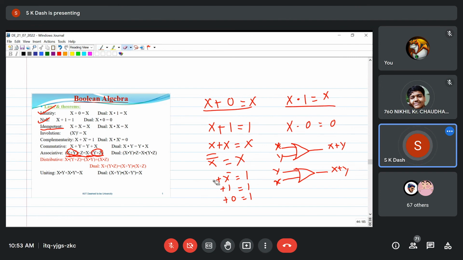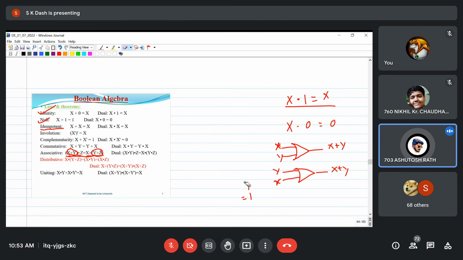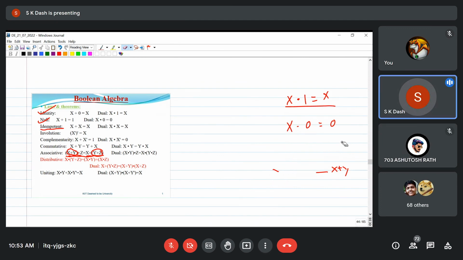Order of operation does not matter. No, think in terms of logic gates. What will happen? X plus y then plus z. Order change means order change.